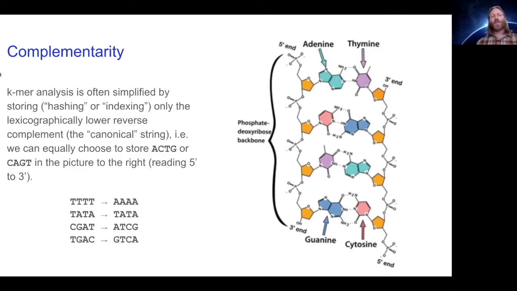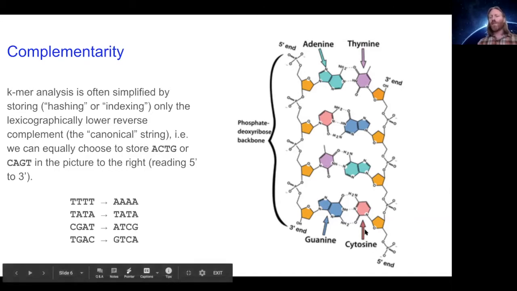So when the computer program that's doing the Kmer indexing or hashing is doing it, there's 2 potential ways to look at, for example, this sequence here. We have adenine A on the left top in blue, then we have cytosine red, then thymine purple, and guanine blue, going 5' to 3' on the left-hand strand. And on the right-hand strand, the reverse complement is CAGT.